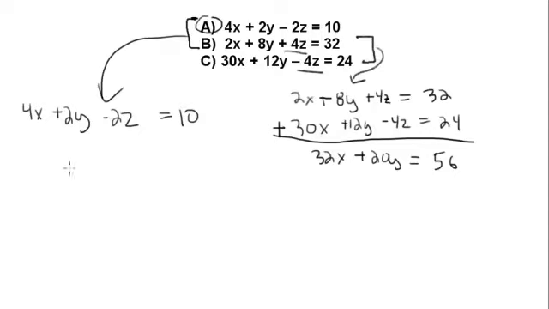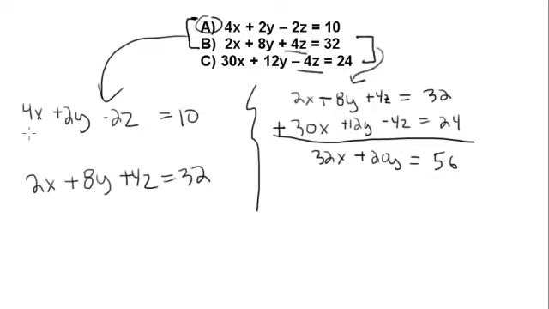And I'm going to pair it with equation b, which is 2x plus 8y plus 4z equals 32. We could have used c, but the reason I'm going for b is because I'm noticing there's a negative and a positive in front of the z's, and I'm trying to knock out a z. That'll be a little more obvious in a minute.